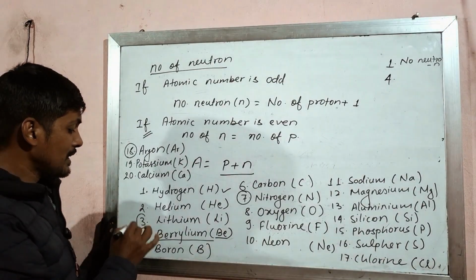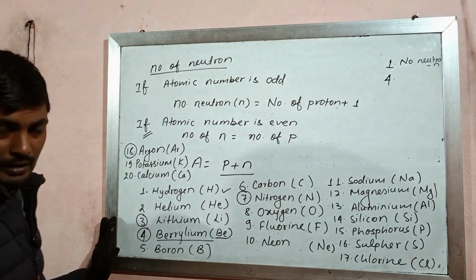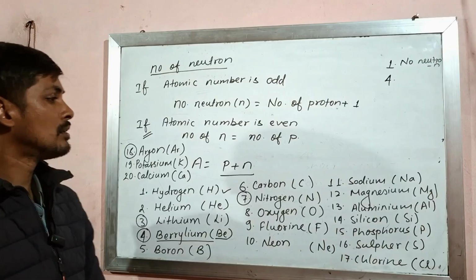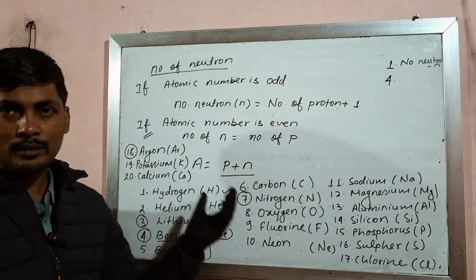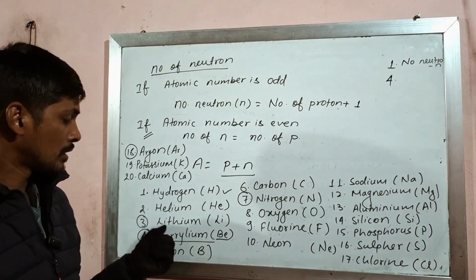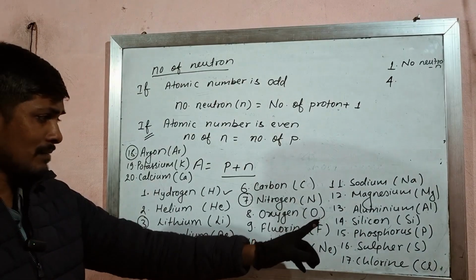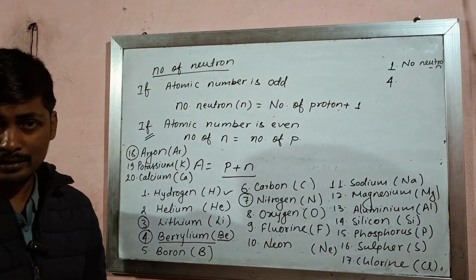Also in number 3, this rule is not applicable. But generally, we have to find the atomic mass of elements other than these element which I have marked.